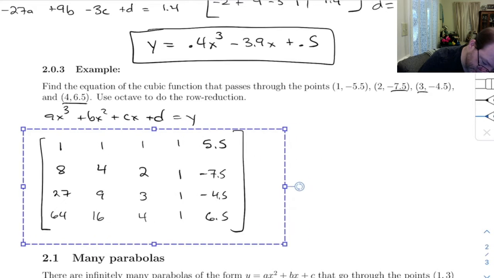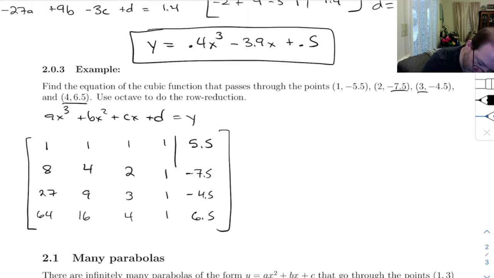So let's Octave this. I guess I should write an augment line right there.